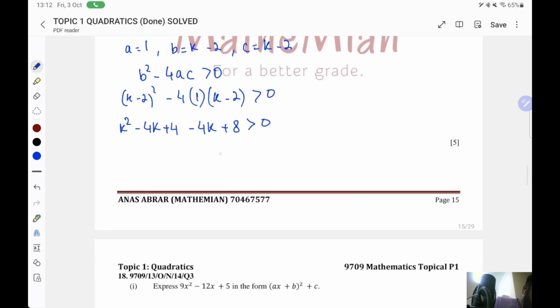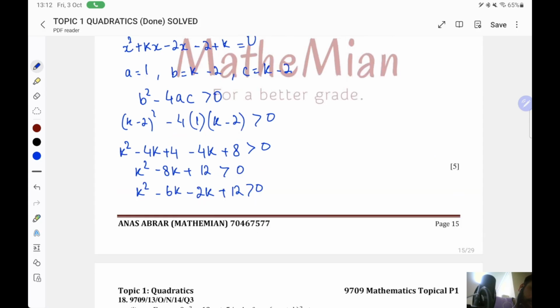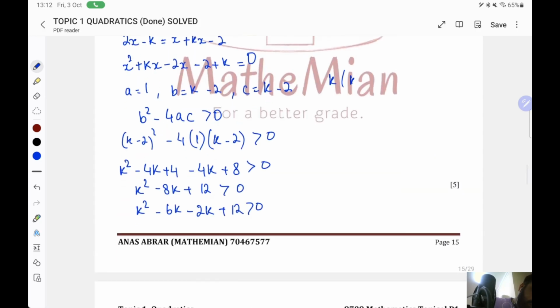If we simplify it, it will be k square minus 8k plus 12 greater than 0. So the two factors will be minus 6 and minus 2. So k square minus 6k minus 2k plus 12 greater than 0. So k is common, and in the next minus 2 is common.